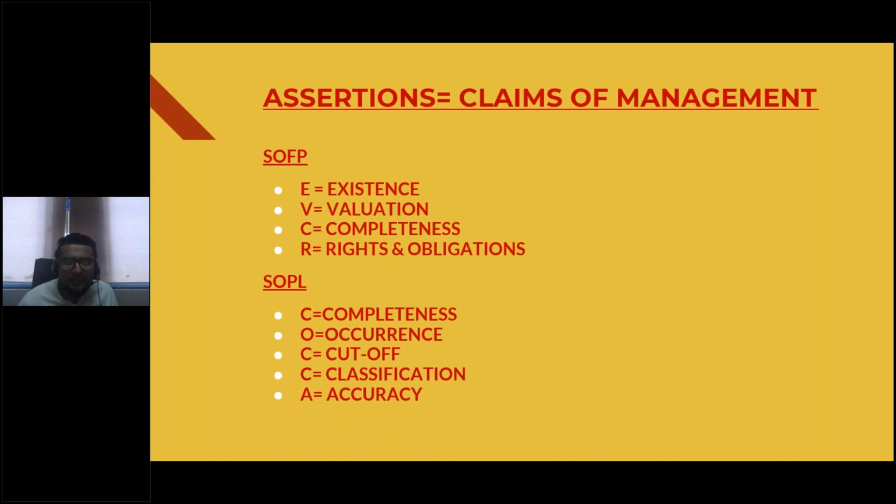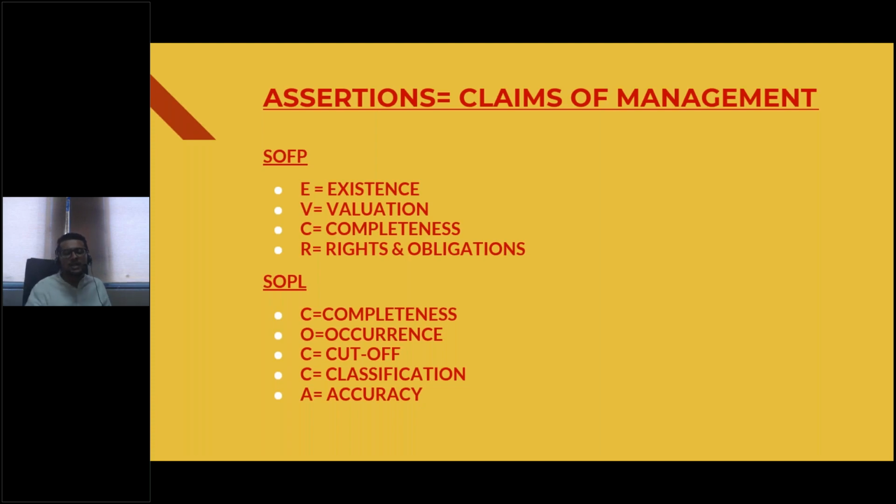Second last is classification. You need to make sure that you are appropriately classifying the revenues and the different kinds of expenses. We did discuss in the section of audit risk that there is a possibility of misclassification of cost between the cost of sales and the operating expenses, that's classification for you. You need to make sure that things have not been incorrectly classified.